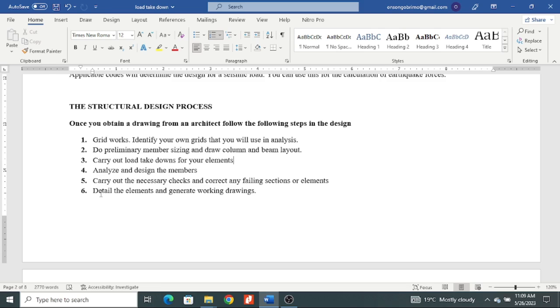So the developer and the architect and the engineer and the quantity surveyor, all these people are supposed to be involved in the project from inception to completion, so that everybody takes responsibility of the duty they are given on site. So you should ensure all the work that you have designed and detailed, you get the opportunity to supervise it.